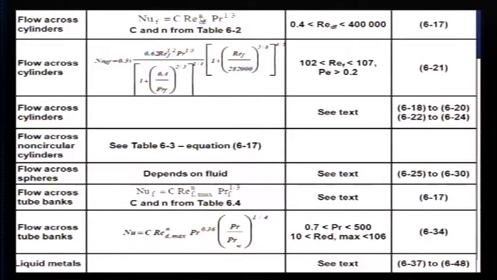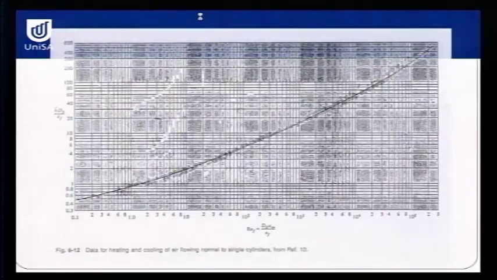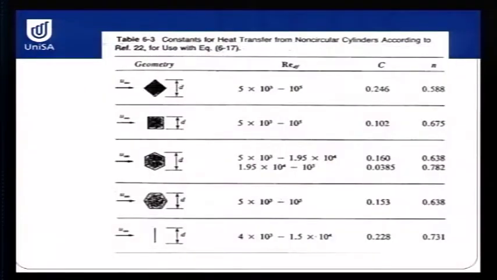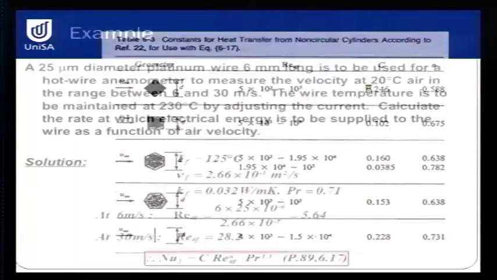The C and the N are given in this table based on the ranges shown here. So we have to satisfy that the Reynolds number is in this range, and then we can use the values of C and N to find our Nusselt number.